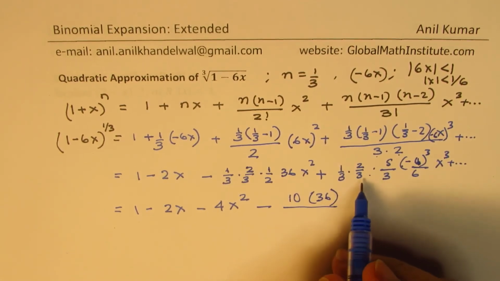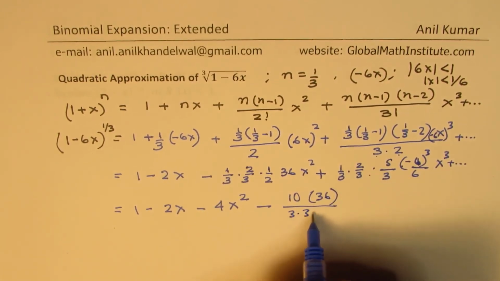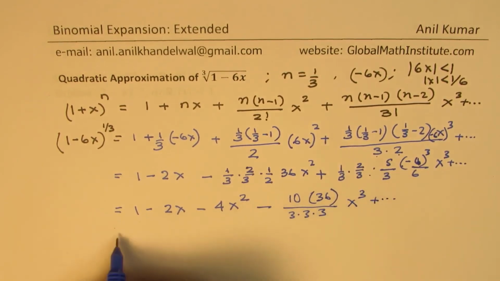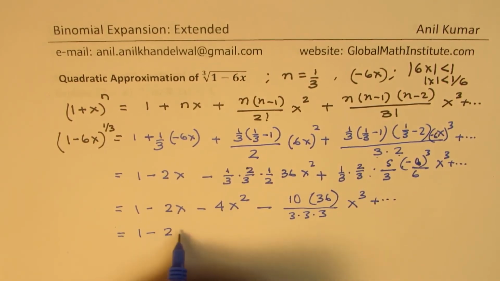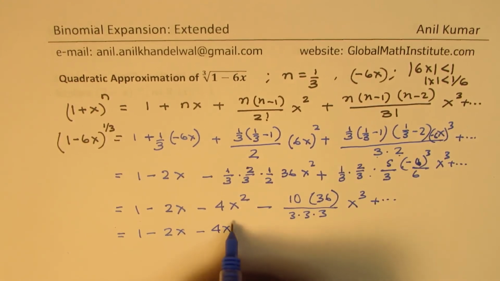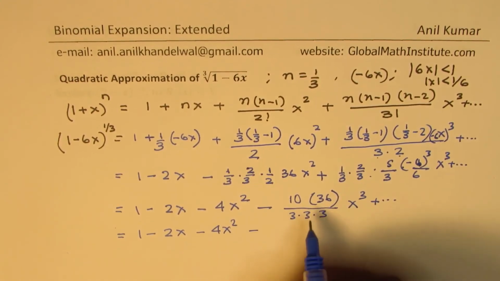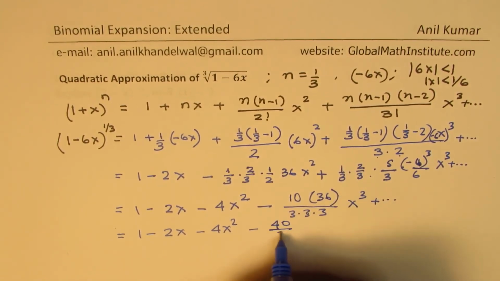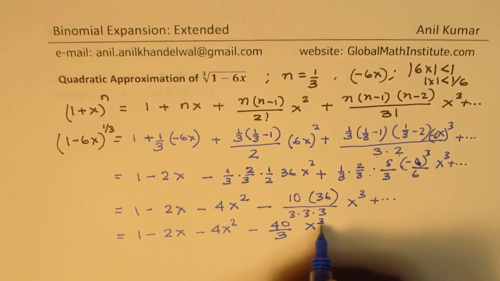And we have here 3 times 3 times 3, x cubed. Right? We'll do it in 2 steps. Okay. So we get 1 minus 2x minus 4x squared, and that is minus. So we get 9 times 4, right? So we get 40 over 3 x cubed, right?